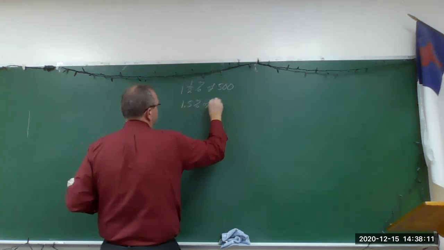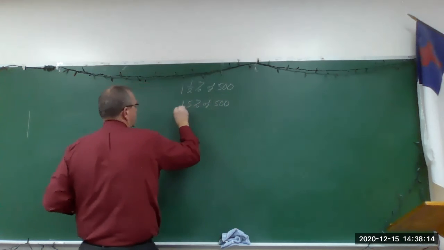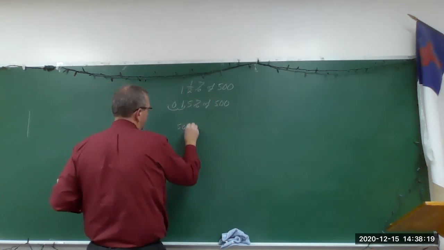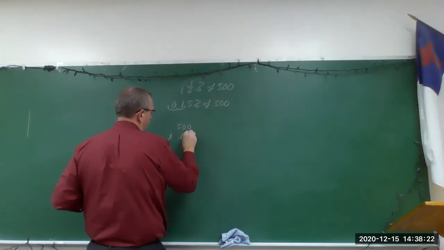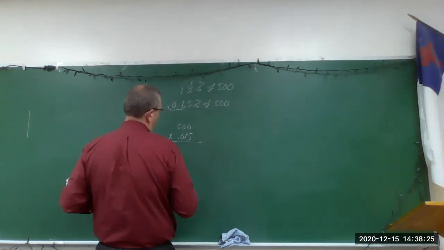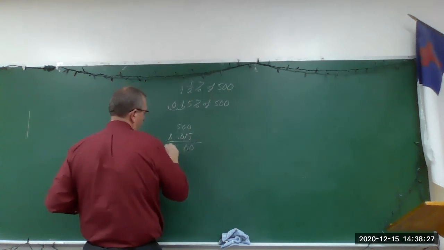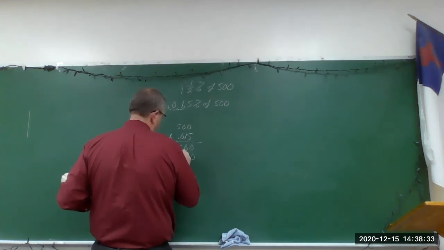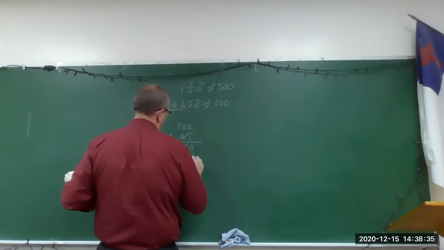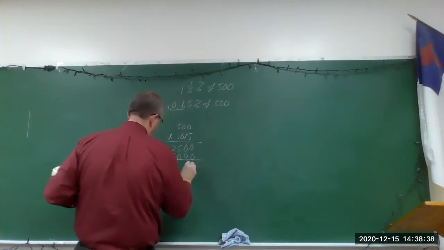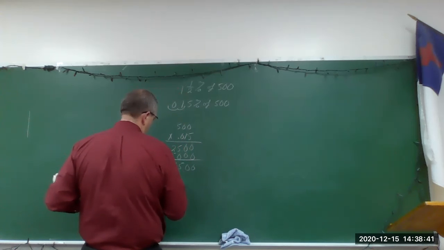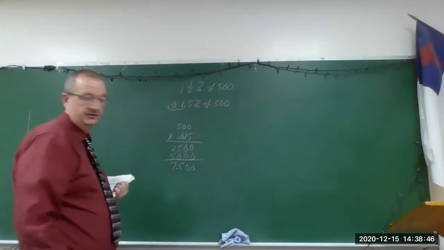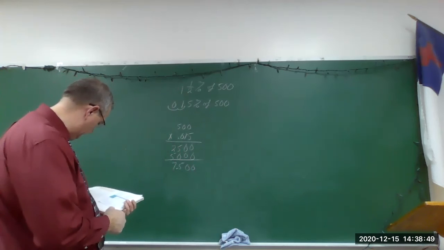We'll take the decimal place 2 points out. So it's 500 times 0.015. Okay, so you're going to get the partial products, and you're going to add those, and you get 7.5. Okay, that's how you're going to do those.